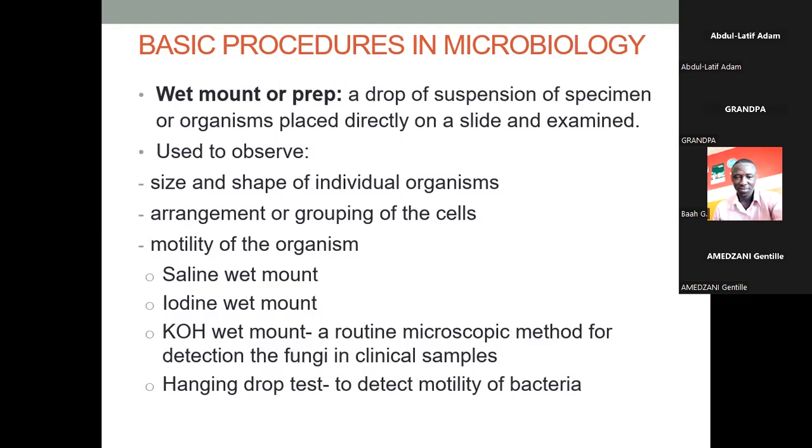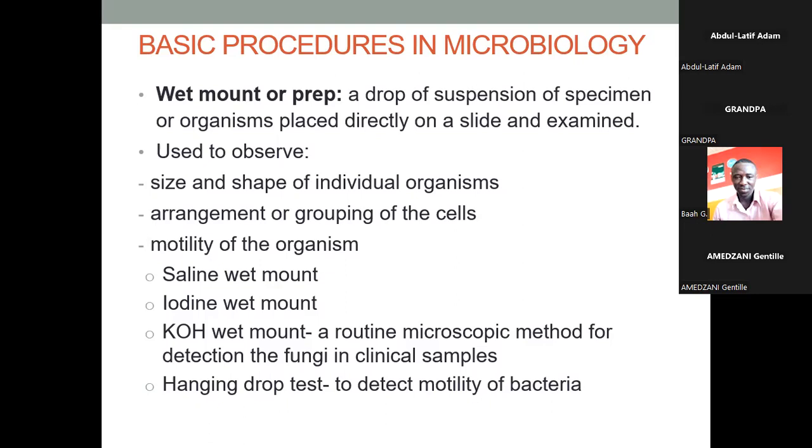It means they want to find out which of the following organisms are motile. You should know examples of motile organisms. For example, E. coli is motile, Proteus is motile, Klebsiella is not motile, and so forth.